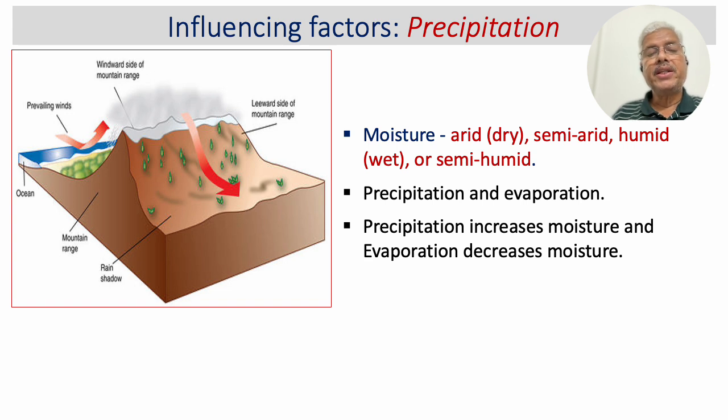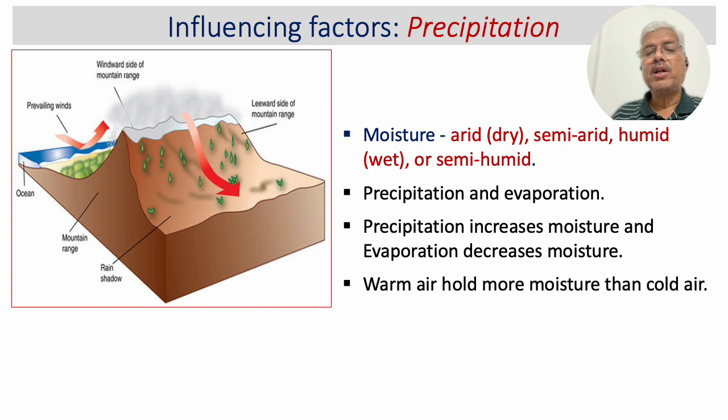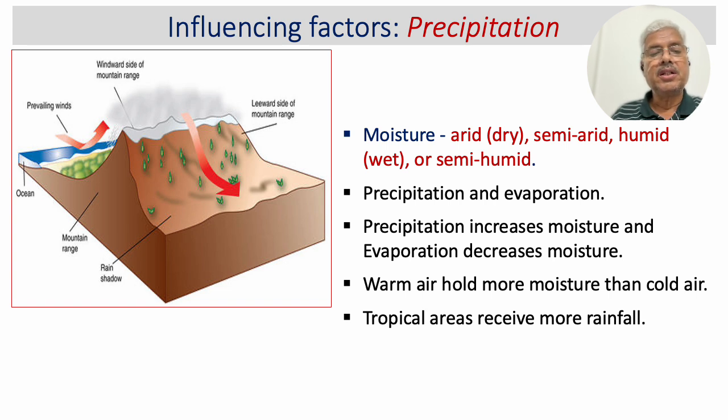So, tropical areas receive more rainfall than other parts of the world. Nearness to the ocean and mountain ranges may also influence the amount of precipitation an area receives. Evaporation of moisture is greatest where it is hot and sunny. Therefore, cold climates with low precipitation may not be as dry as warm climates with the same amount of precipitation.